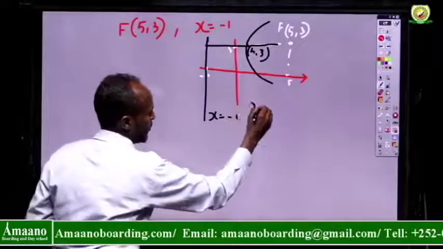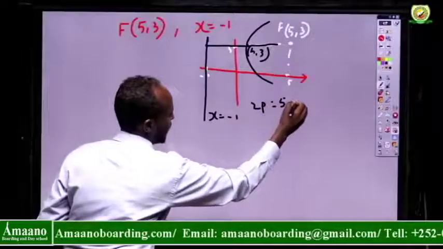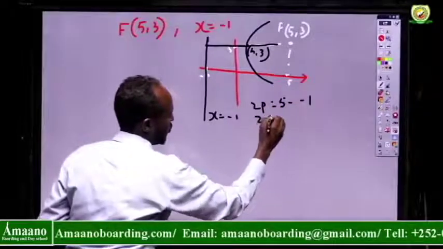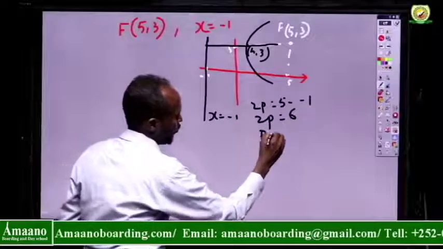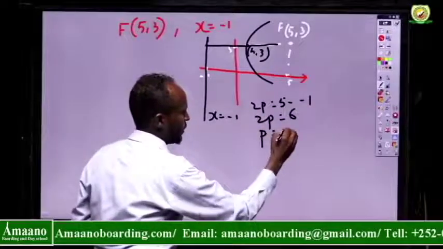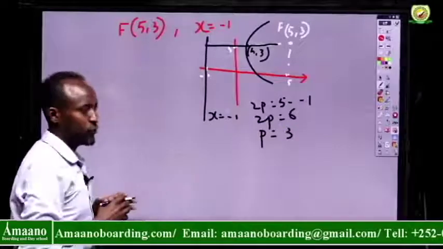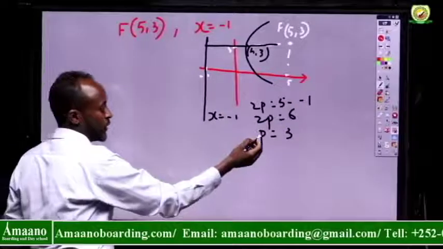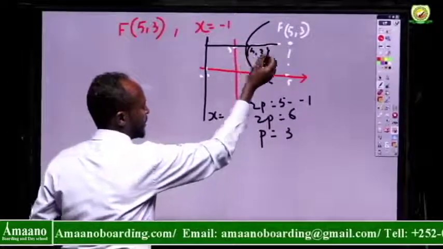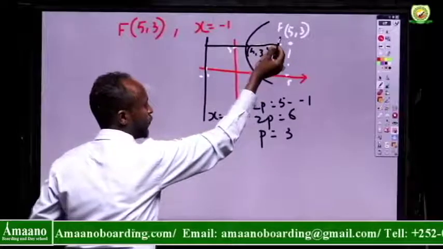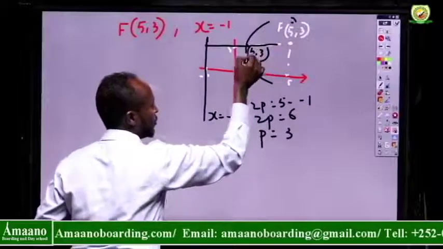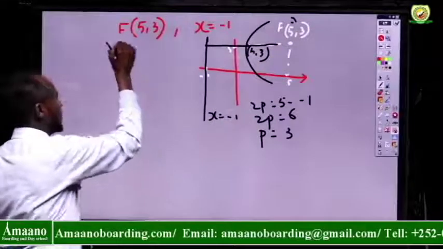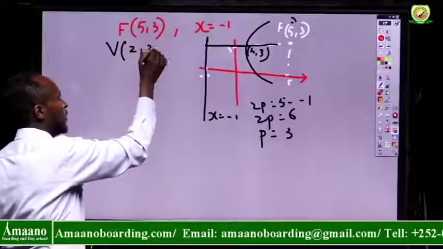That is 2p. 2p is 5 minus -1, which is 6. If we divide by 2, the value of p is 3. If p is 3, the vertex is 3 units to the left side of the focus. Therefore, 5 take away 3, you will get 2. Our vertex has the coordinates (2, 3).